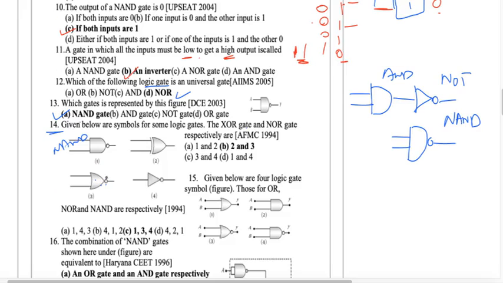This is an OR gate plus a bubble to it, so it will be a NOR gate. And this one is the symbol for a NOT gate. And the symbol for the exclusive OR gate is like this. So the answer is 2. And for the NOR gate you have seen this one, option 3. So the answer is 2 and 3. The first one is a NAND gate, the fourth one is an inverter, NOT gate.